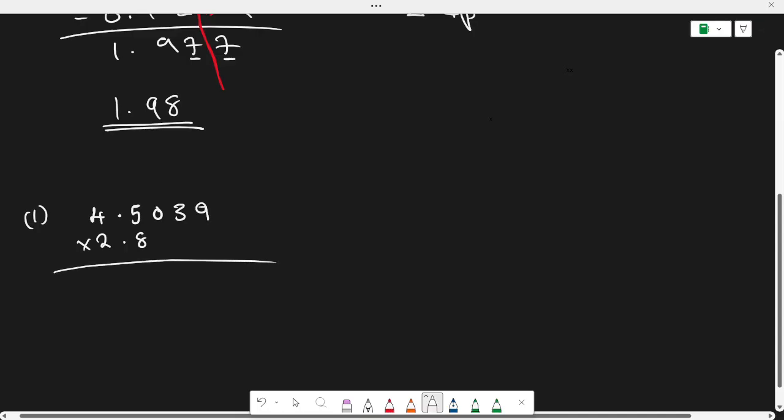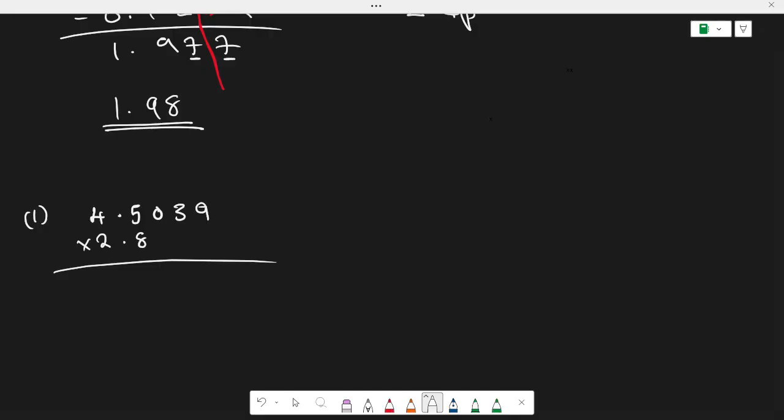And when you punch this on the calculator, the answer you're going to get is going to be 12.60192. So how do you write this in a correct format?